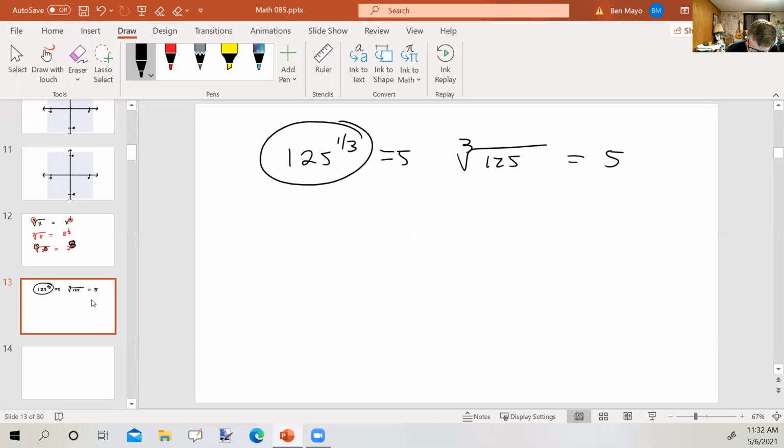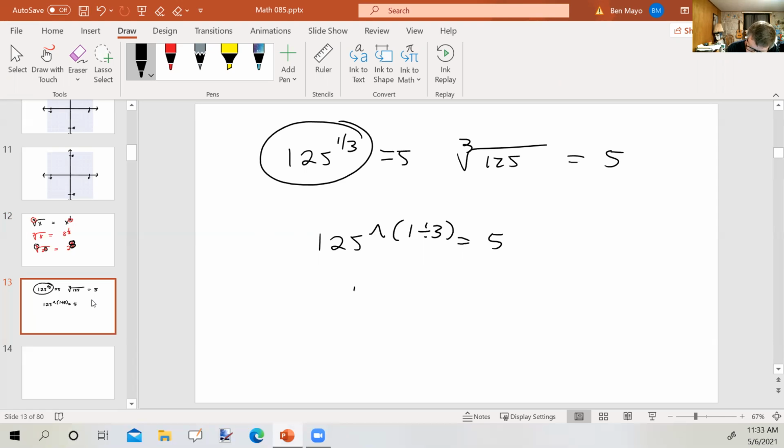Well, I'm going to put in 125, then I'm going to use the little caret key, which is over on the left column. Then I've got to put parentheses 1 divided by 3 close parentheses. And when I do that, 125 raised to the 1 divided by 3 power, I get 5.